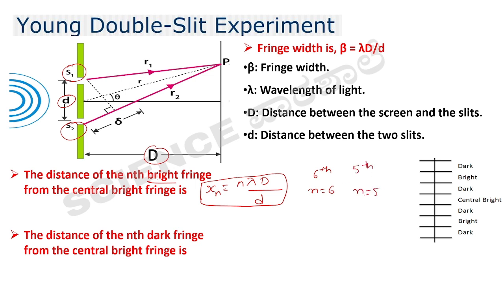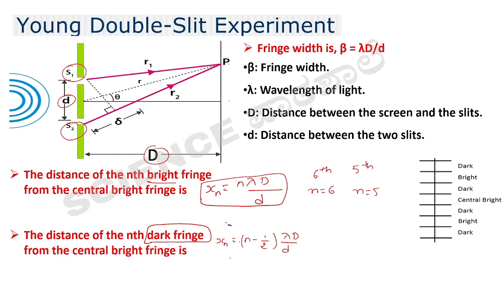Clear? Now the distance of the nth dark fringe, very important, whether it is a dark fringe or a bright fringe. If it is a dark fringe, then there is one more formula for that, that is xn is equal to (n minus 1 by 2) into lambda capital D by small d.